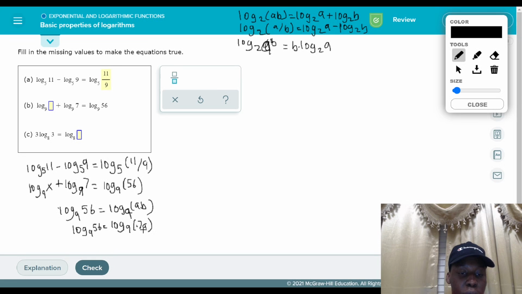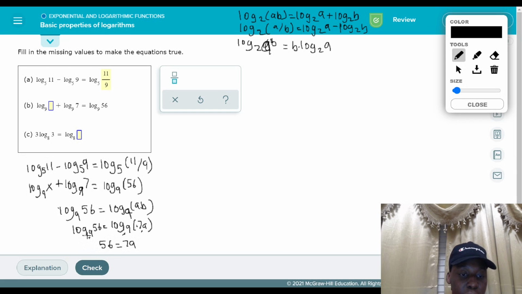Now, since the logarithms are equal, we can ask ourselves, what do you think when I multiply by 7 is going to give me 56? I can think of this as a normal equation. I can take out the log 9 for now and just work with this on its own. When I take out the log 9, what I'm left with is 56 equals 7a.